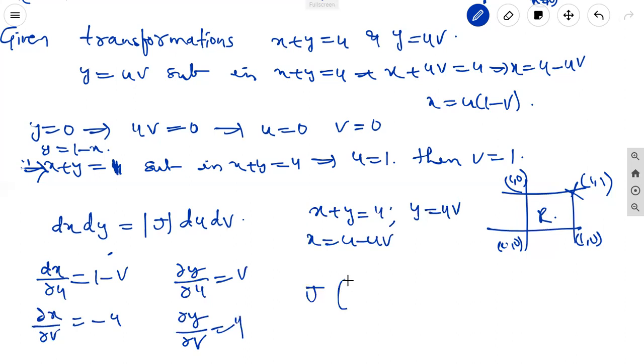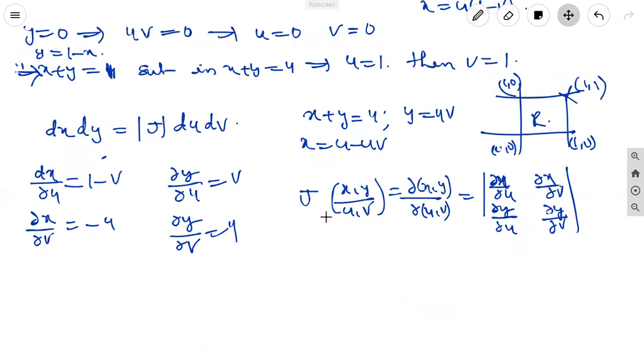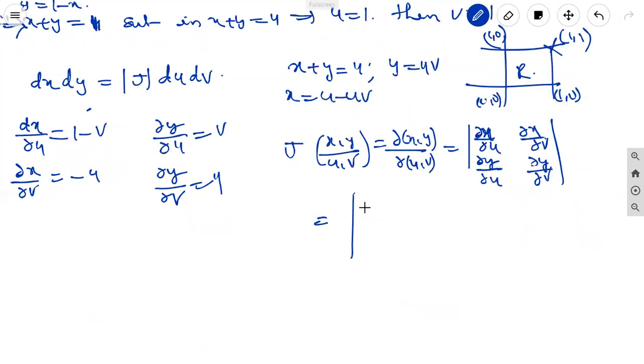Jacobian of x comma y by u comma v equal to dou of x comma y by dou of u comma v. It is equal to the determinant dou x by dou u, dou x by dou v, dou y by dou u, dou y by dou v. It is equal to the determinant 1 minus v, minus u, v, u.